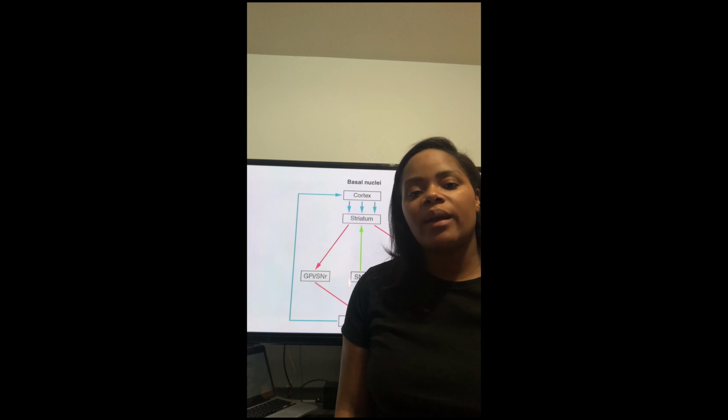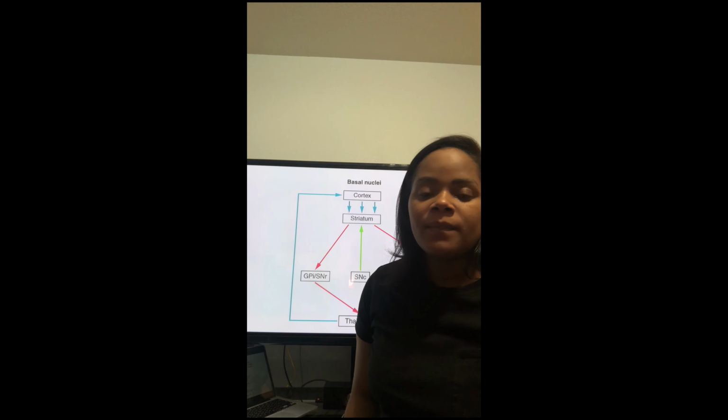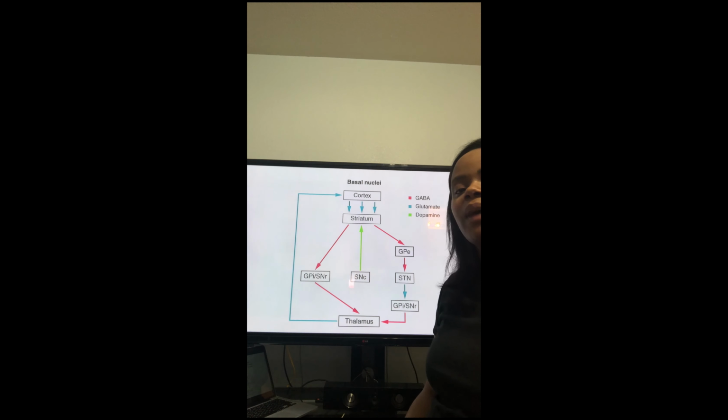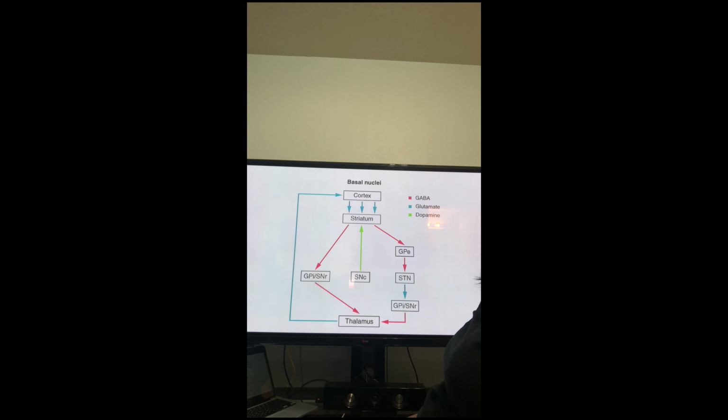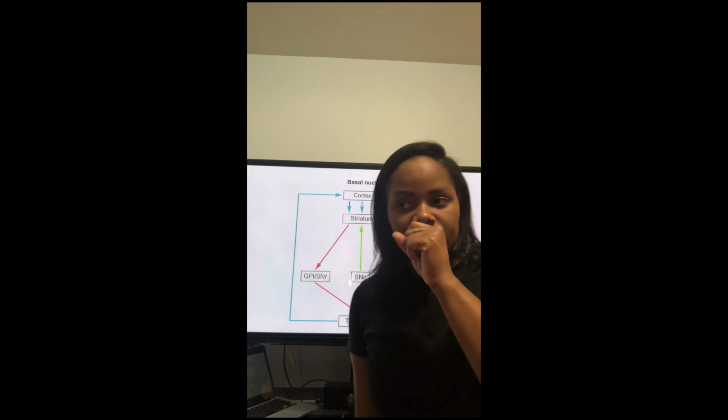In the direct pathway, the striatum projects to the internal segment of the globus pallidus, the GPi or SNr. This is an inhibitory pathway in which GABA is released at the synapses, and the target cells are hyperpolarized and less likely to fire. The output from the basal nuclei is to the thalamus, which is an inhibitory projection using GABA.